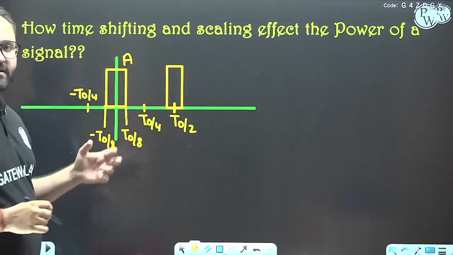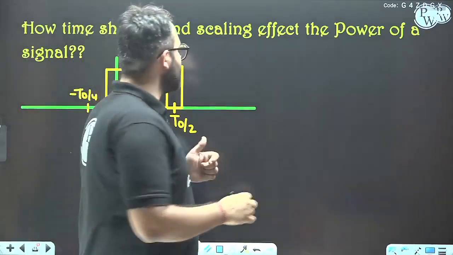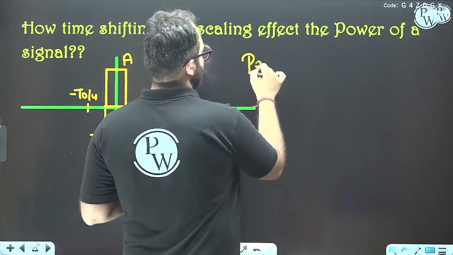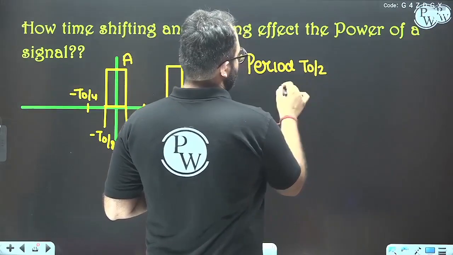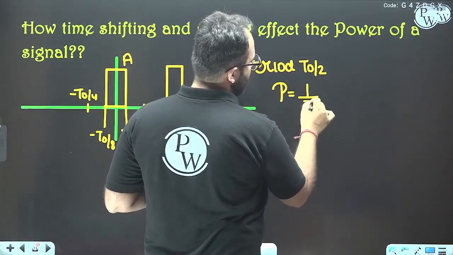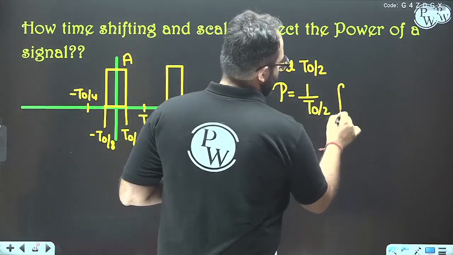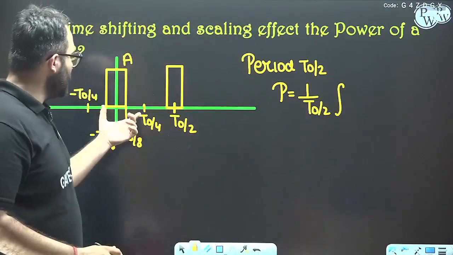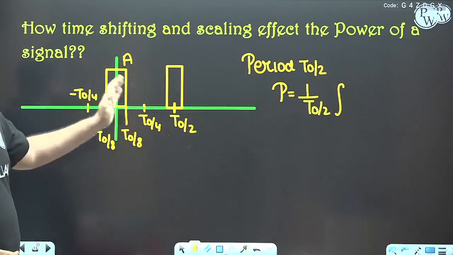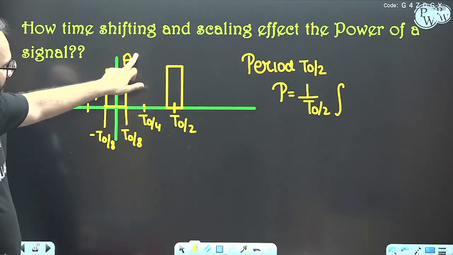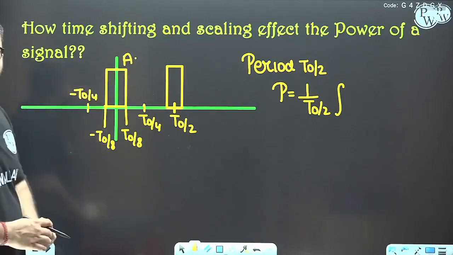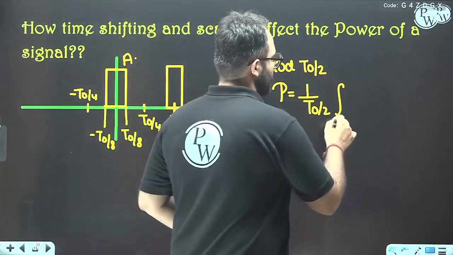So this is the signal, we scaled it, and thus now the period is T naught by 2. Now the power will be 1 upon the time period, that is T naught by 2, times the integral over one period, where the signal has amplitude A from minus T naught by 8 to T naught by 8 only.